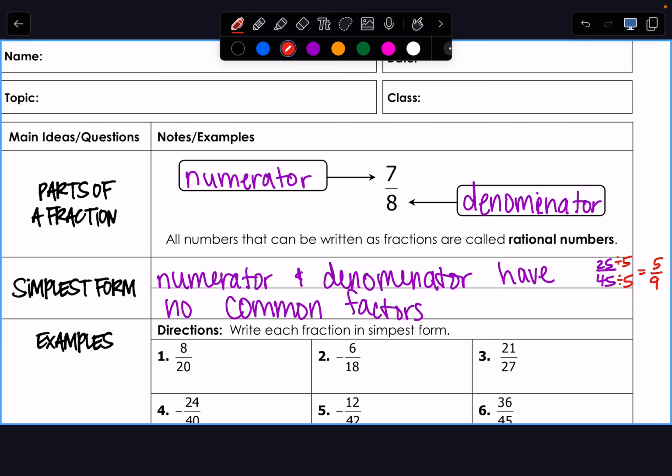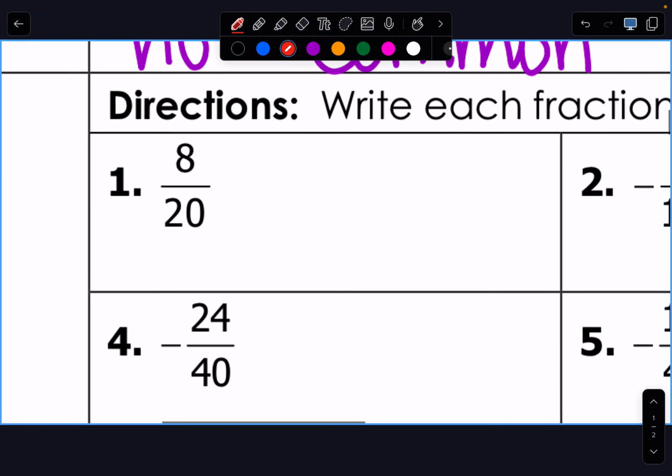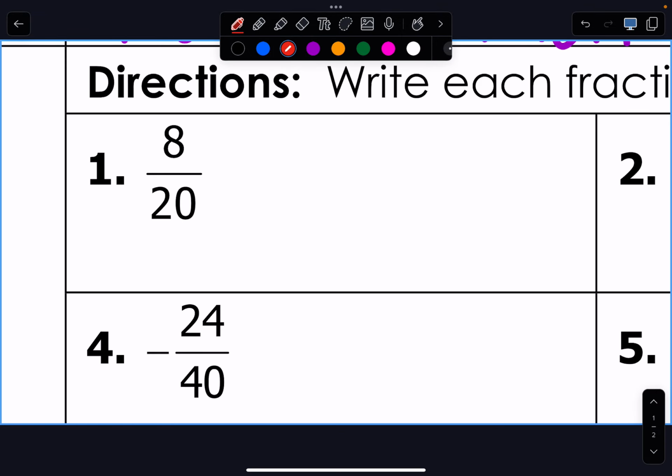We divide the number they both have in common. Divide both by the same number. Okay, so we're all on the same page. What number do they have in common? Divide that out.